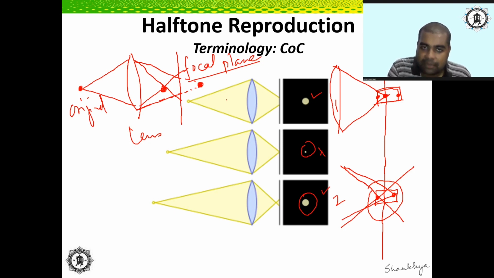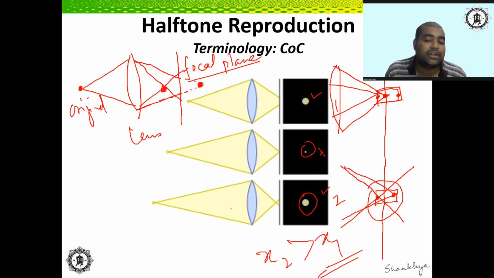Now, if the lens aperture is reduced to this much, then the circle of confusion increases in diameter. That means x2 will be greater than x1. So lens aperture and circle of confusion diameter are inversely related to each other. By decreasing the lens aperture, the circle of confusion increases.